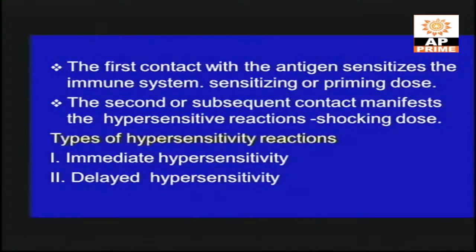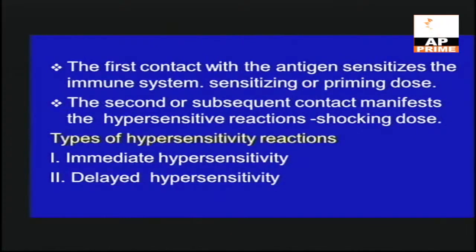The first contact with the antigen sensitizes the immune system and is called the sensitizing or priming dose. The second or subsequent contact, whenever the individual is exposed to the same antigen, manifests the hypersensitivity reactions. That's why the second dose is called the shocking dose.